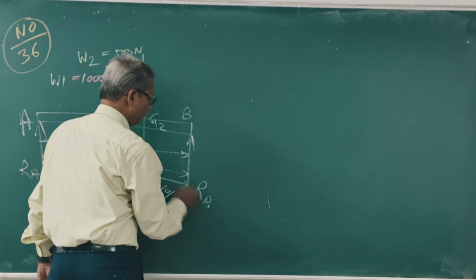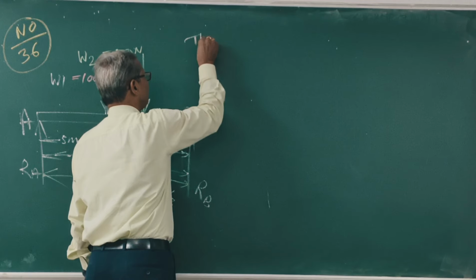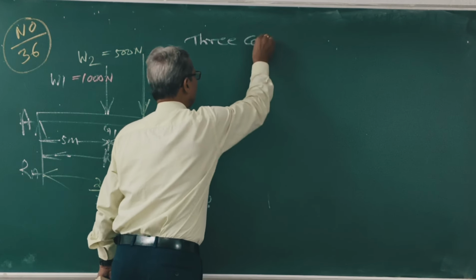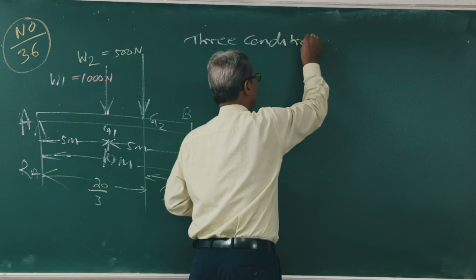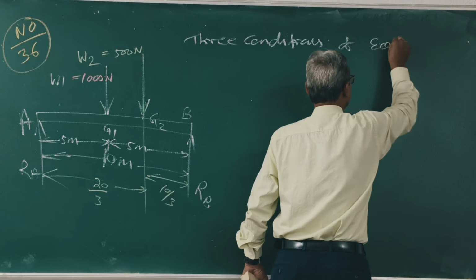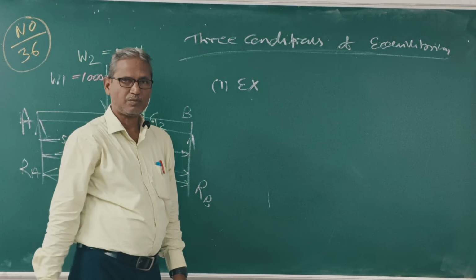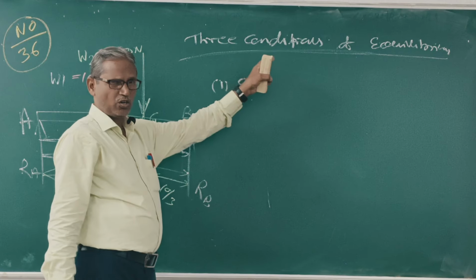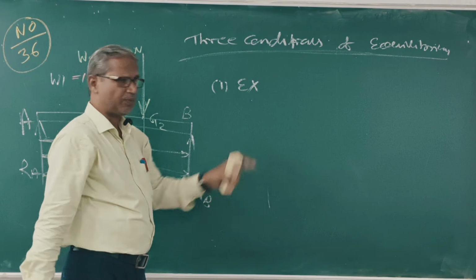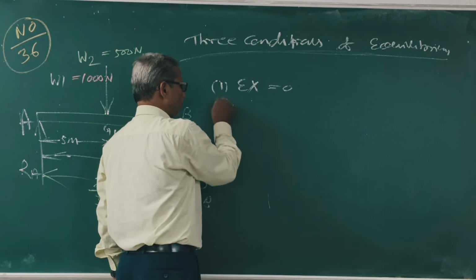We have three conditions of equilibrium. Number one, summation x is 0. Number two, summation of y is 0.